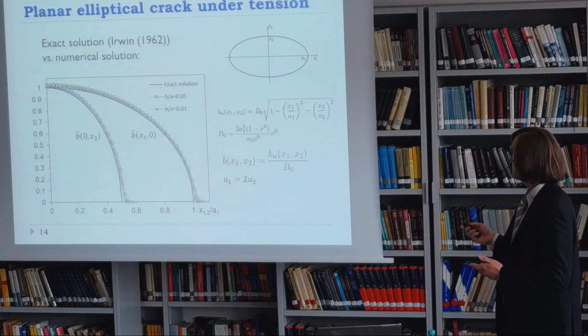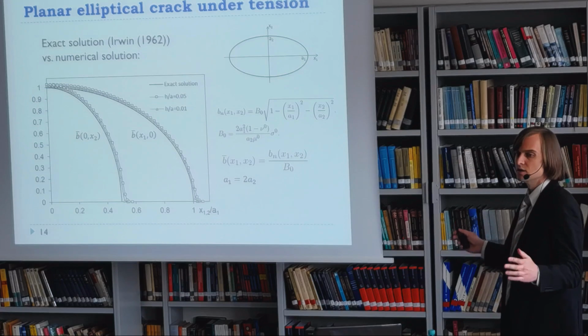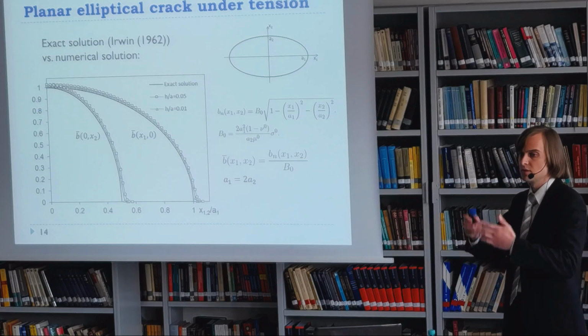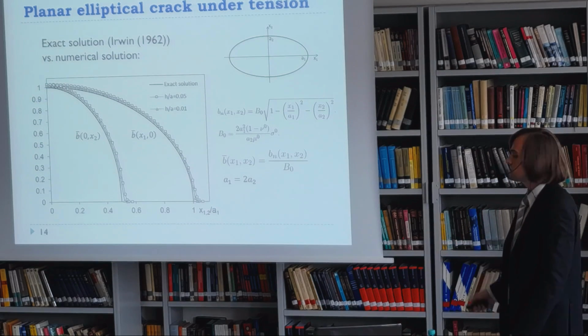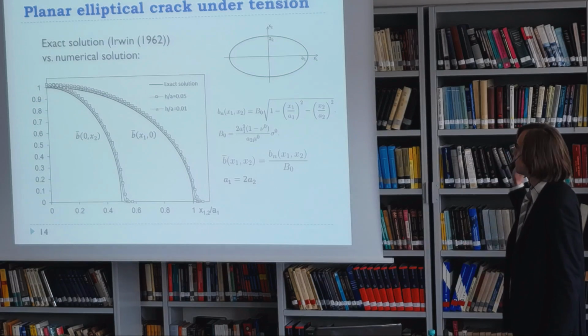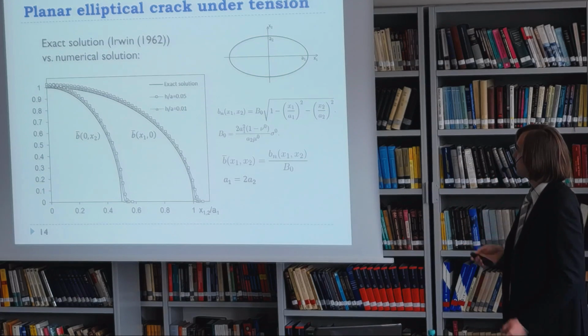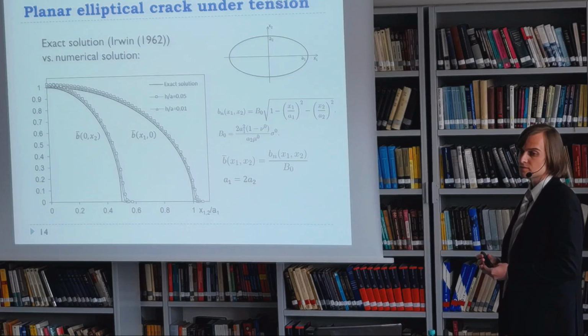As a result, as we solve it, we obtain the crack opening and the stress field inside some inclusion. Let's see some examples of application of this method. Well, the most basic one is, first of all, a planar elliptical crack under tension.